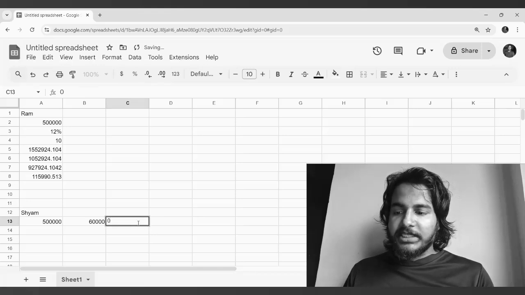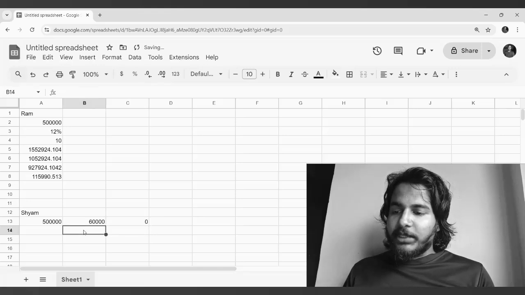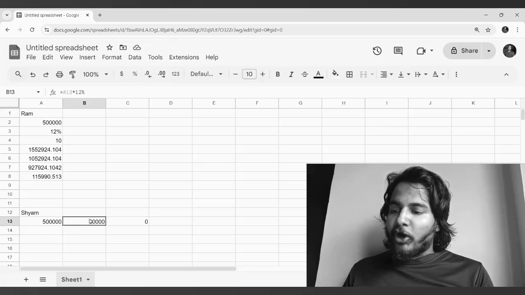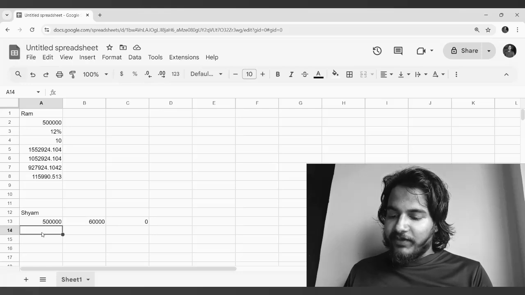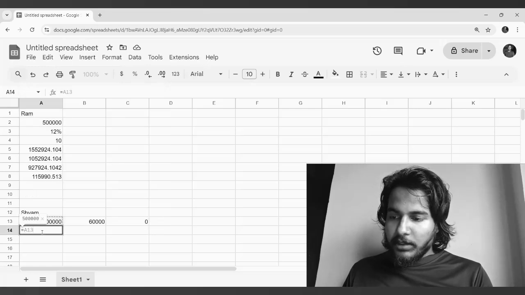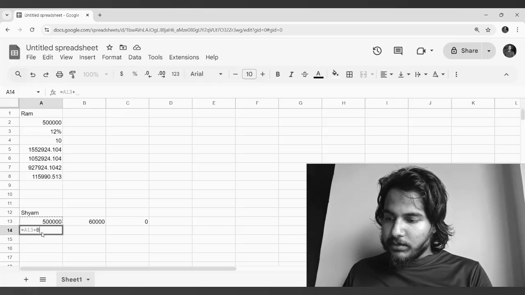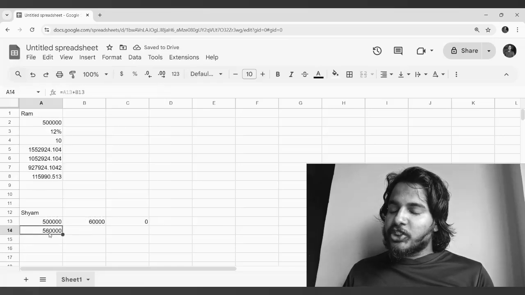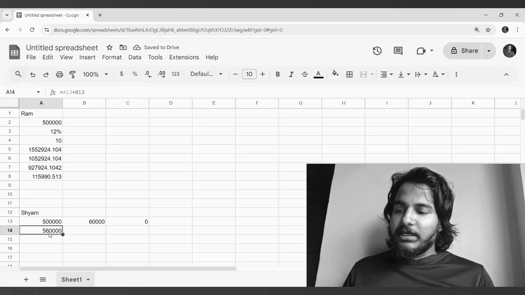The same thing will happen next time as well. After 1 year, what is the amount Shyam will invest? A13 equal to A13 plus B13. Now this is the amount Shyam will invest in the second year.